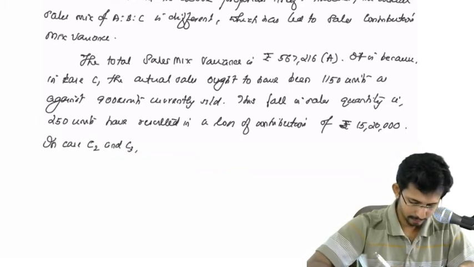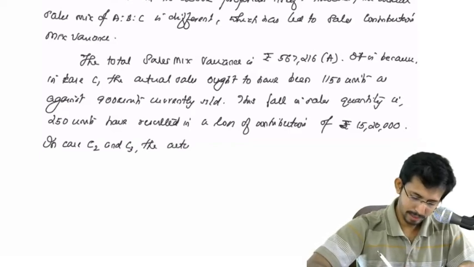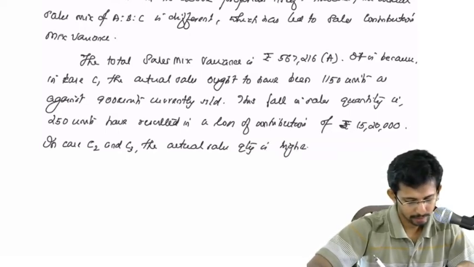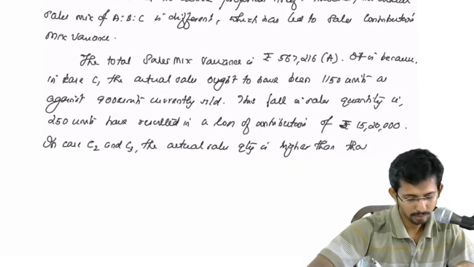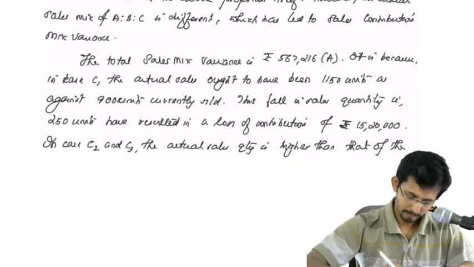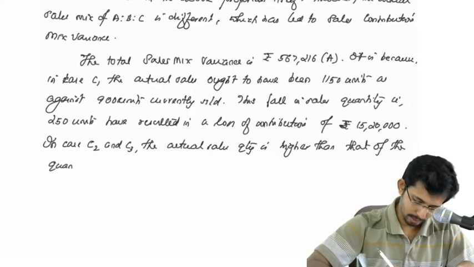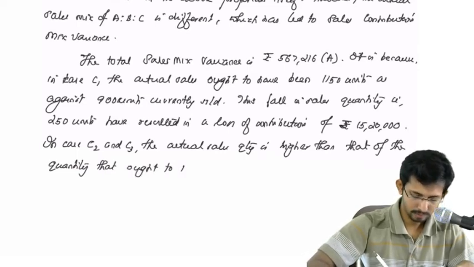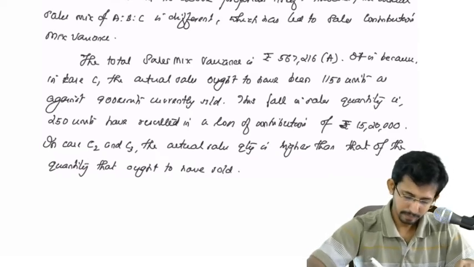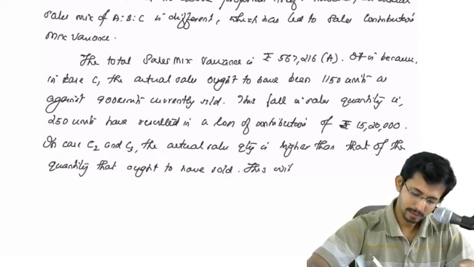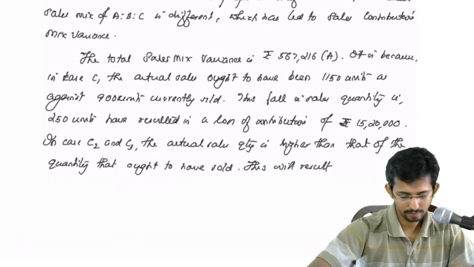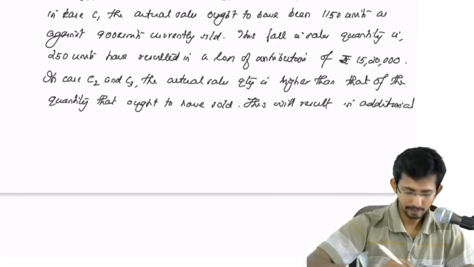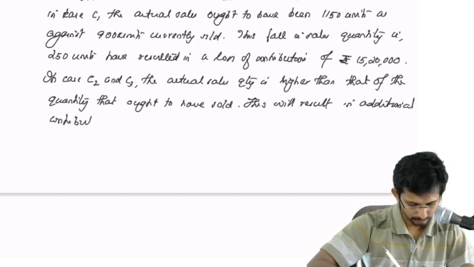Okay, in case of C2 and C3 the actual sales quantity is higher than the quantity that ought to have sold, this will result in additional contribution.